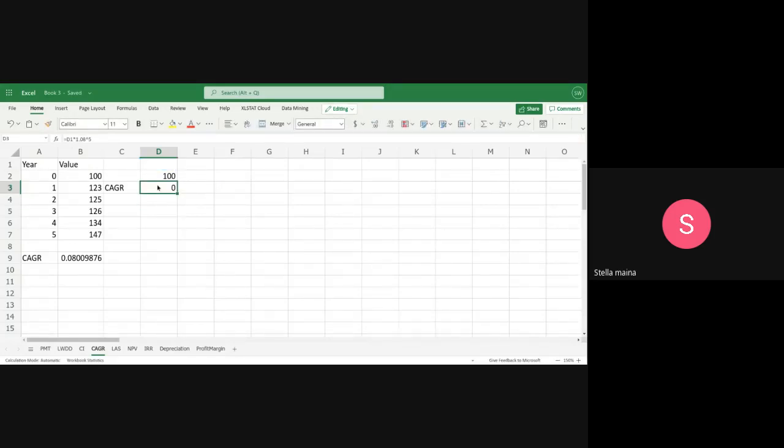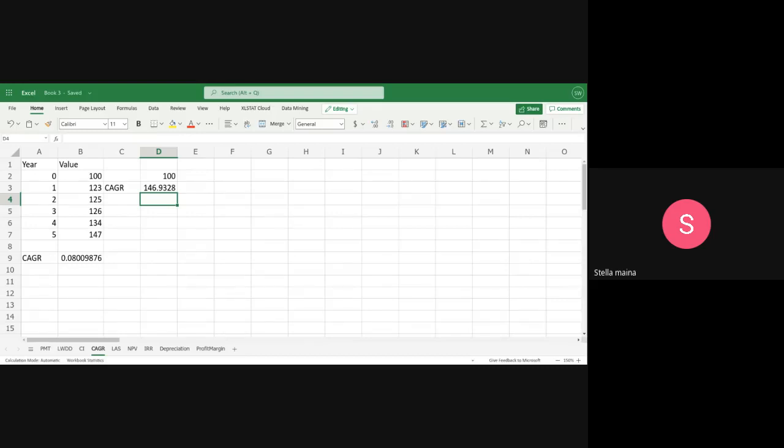It's supposed to be D2, not D1. You can see with that it gives us 146.93, which is roughly 147. So that is our CAGR.